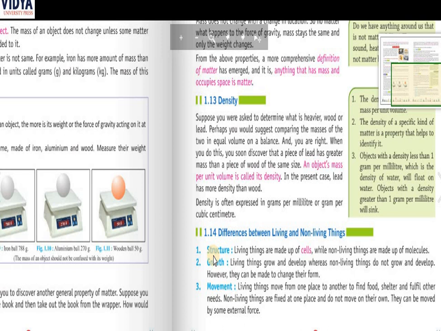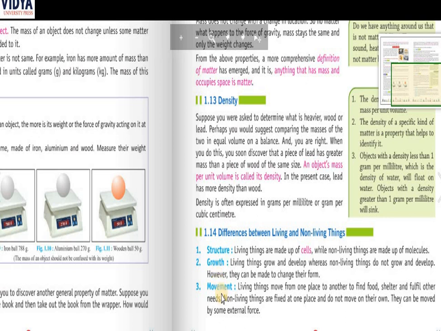Trillions of cells join together to form one living body, whereas the non-living things are made up of molecules. Molecules are the collection of different atoms. Growth. As we know, living things grow and develop, whereas non-living things do not grow and develop.